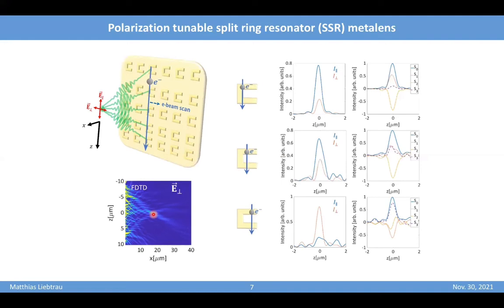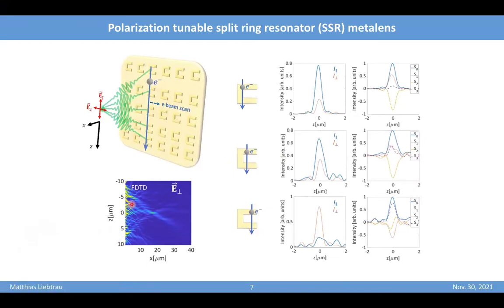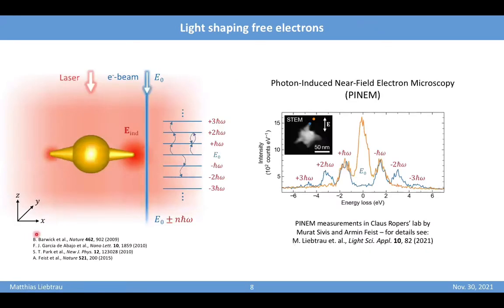Now we were wondering, can we also do it the other way around? Can we use light and metasurfaces to shape electrons? And in fact, this is something we can do, and this has been done first by Barwick et al. about 10 years ago.